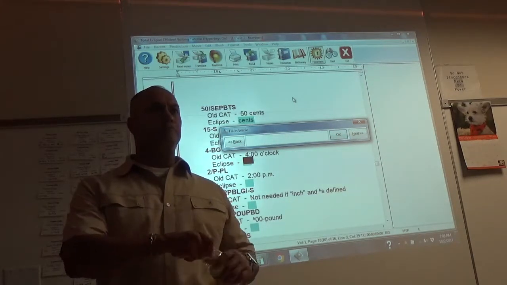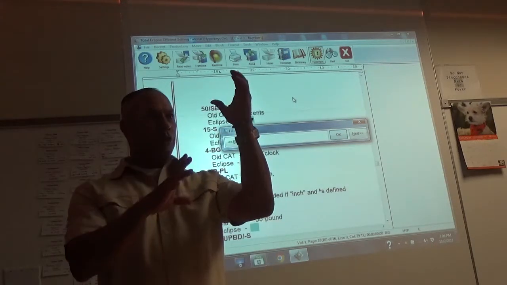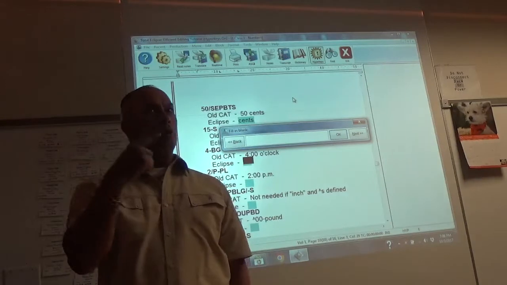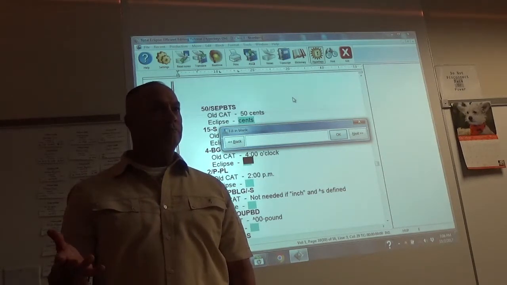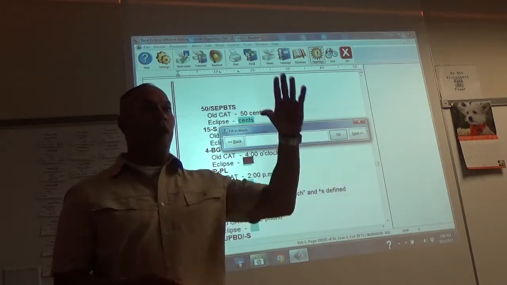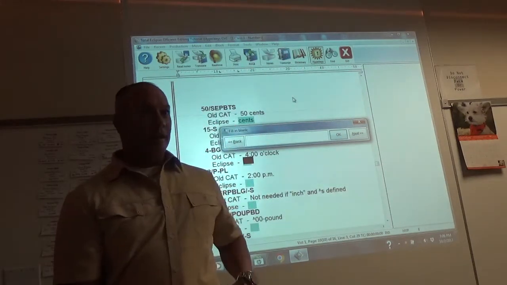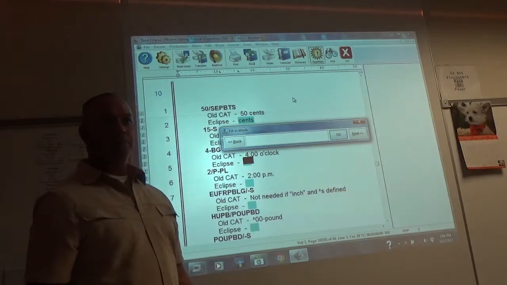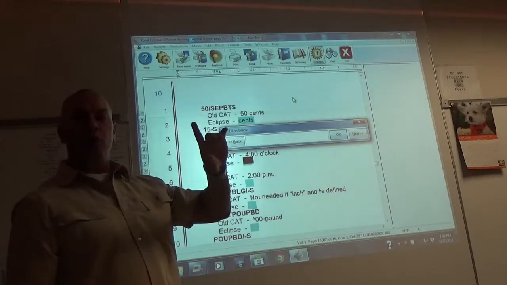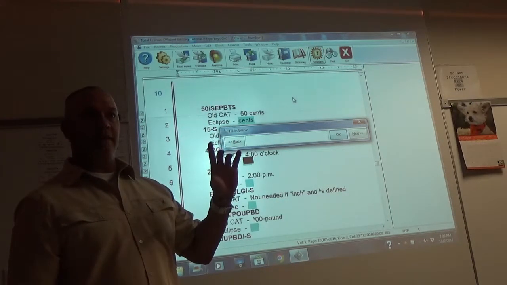No, it knows to change it. The open bracket, closed bracket is what tells it to change it. If you just write 4 cents, it's going to write 4 cents. The open bracket, closed bracket tells it to convert it to the cent sign. Got it?